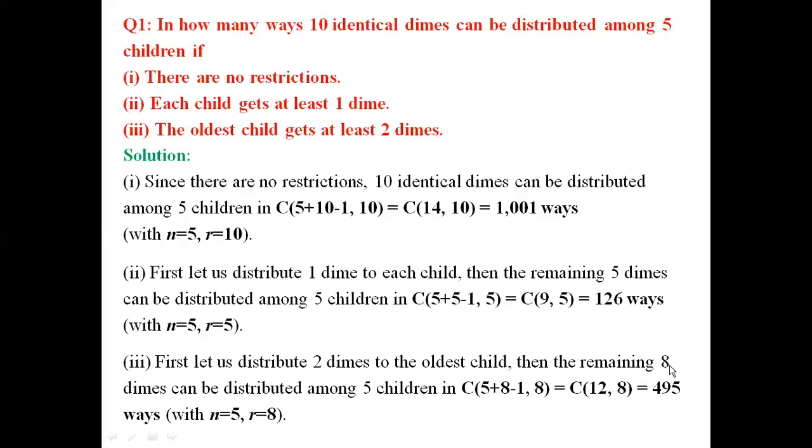What we are distributing is 8 dimes, so R is equal to 8, and we are distributing to 5 children, so n is equal to 5. This can be done in C of 5 plus 8 minus 1 comma 8 ways. It is C of n plus R minus 1 comma R ways. Substituting n and R, we have 12C8, which gives us 495 ways. As I mentioned, here we have taken n equal to 5 and R equal to 8.